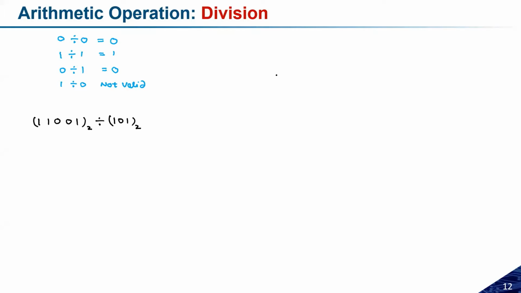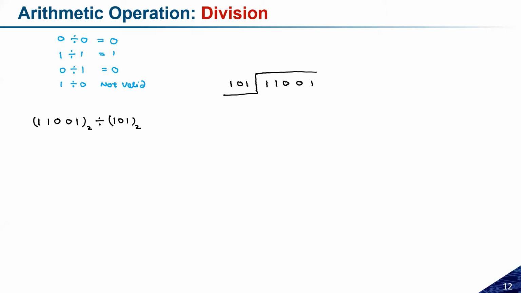This is simple, just like the decimal number system. So 1 1 0 0 1, I have to divide this number by 1 0 1.